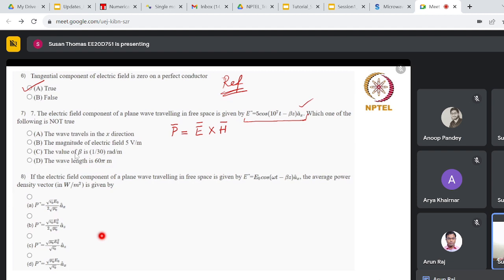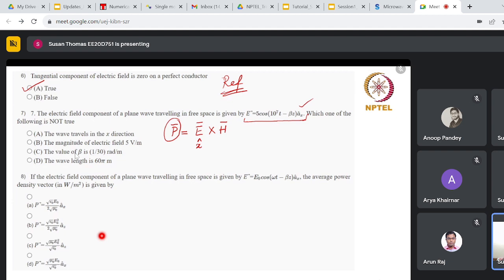So basically the direction of propagation of the wave vector is nothing but this pointing vector direction. So I am saying that this electric field is in x direction. So the wave propagation is not in x direction.